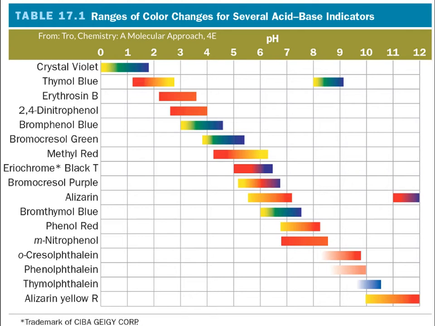All right, so here is a pH indicator chart taken from the textbook Tro, Chemistry: A Molecular Approach, the 4th edition. That's the book that we're using for our class. And so we saw in the previous slide that our lowest potential concentration of acetic acid changes at 8.52.